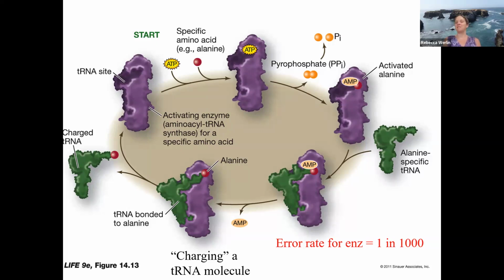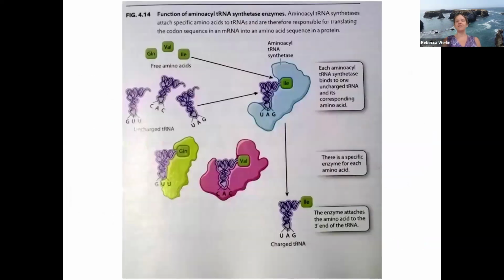And then an alanine-specific transfer RNA comes in. And while it is not shown in this diagram, down at that bottom where there's the anticodon, there's a region of that enzyme that's going to ensure that the anticodon is the right transfer RNA. And so here you can see the anticodon here.